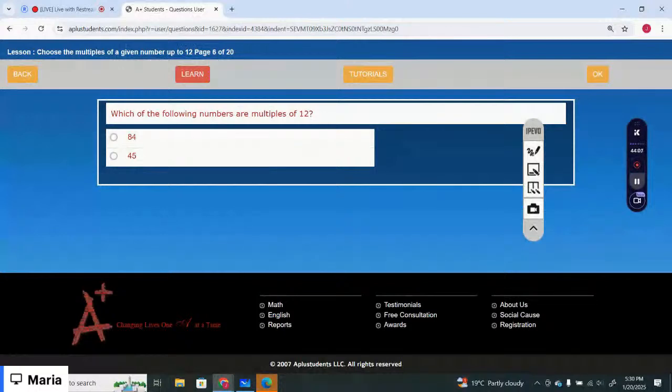Which of the following numbers are multiples of 12? Which is the correct option? That is 84.